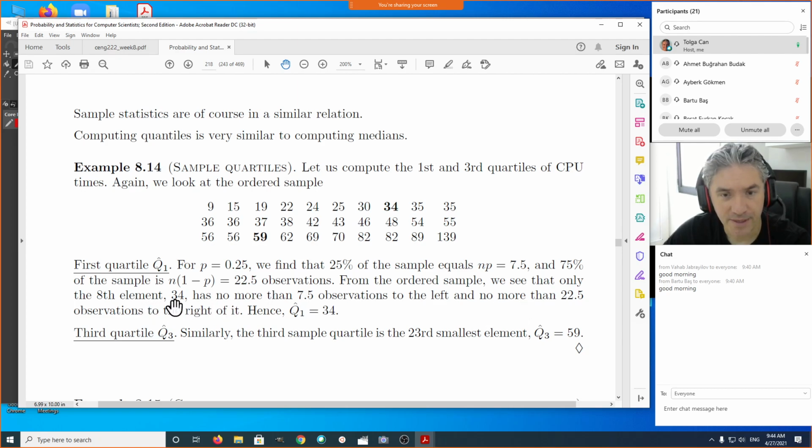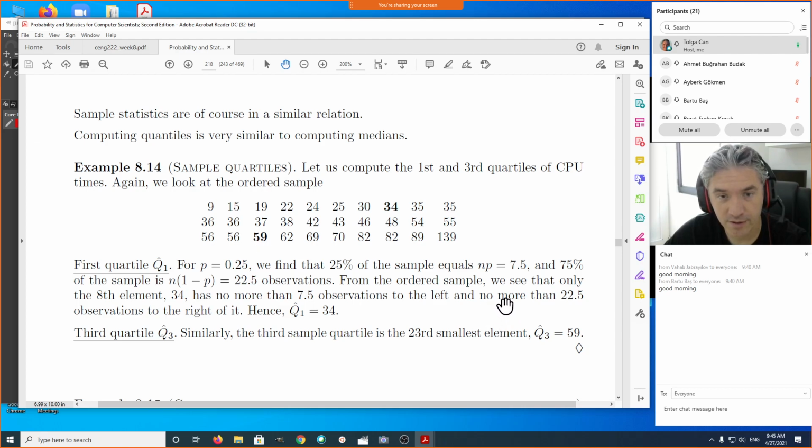Only the 8th element, 34, has no more than 7.5 observations to the left and no more than 22.5 observations to the right of it. Hence, quartile one is this 34. So the 8th element will be our first quartile, and the third quartile will be the 23rd element.